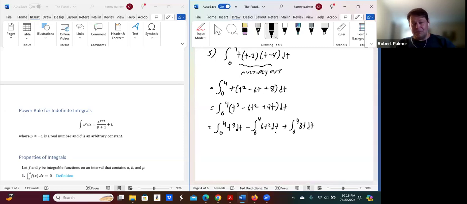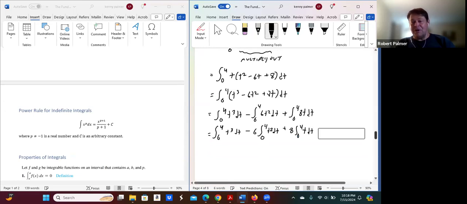Okay, and then once again, we can pull the constants out front. So I'm going to leave this one as it is for right now, 0 to 4 t cubed dt, minus, bring the constant up front, 6. And inside we have the integral from 0 to 4 t squared dt. Then plus, pull the 8 out front, and then the integral from 0 to 4 t dt.